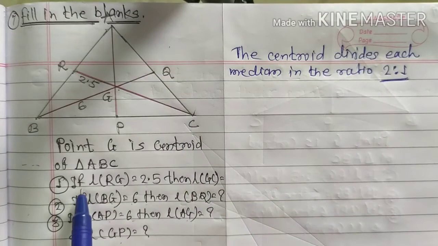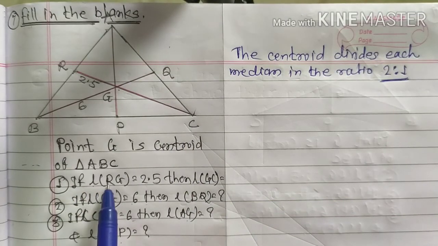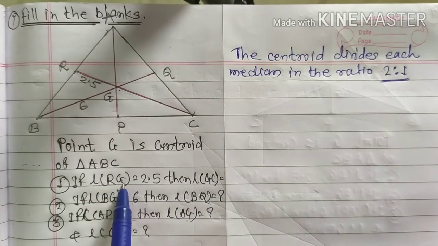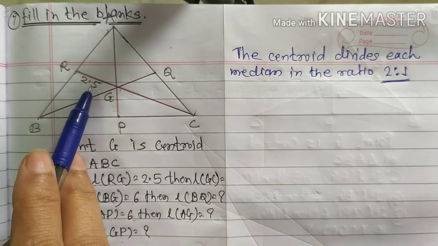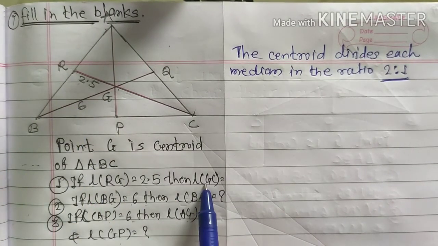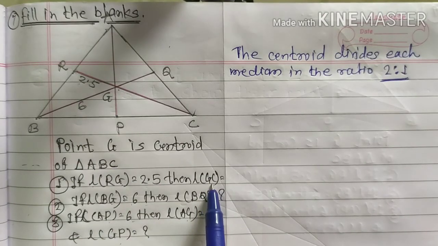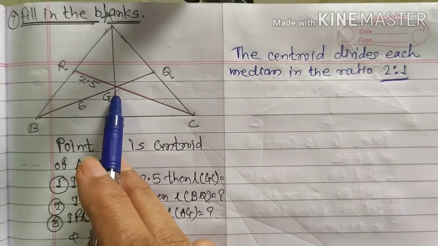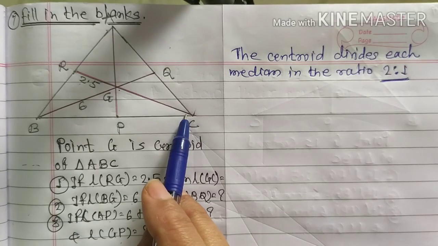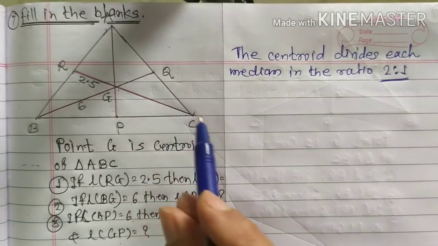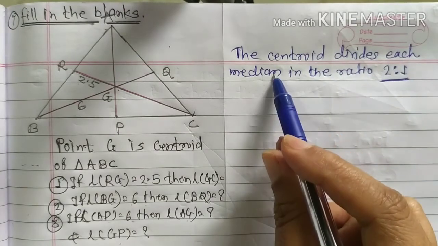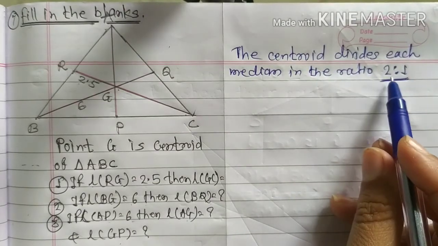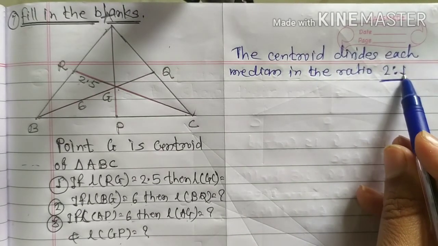Then example number 1: if length RG is equal to 2.5, then find out the length GC. Here length GC is what we are to find out. Hence, first, the centroid divides each median in the ratio 2:1.